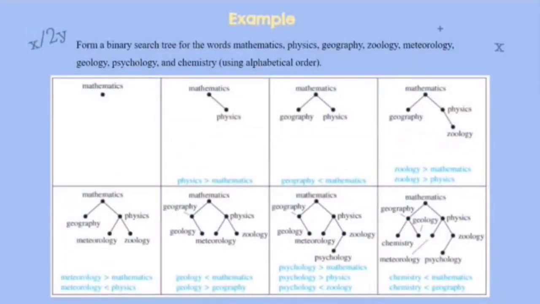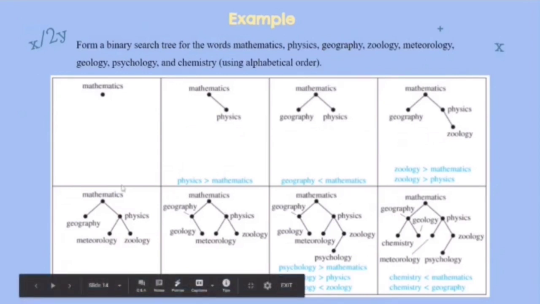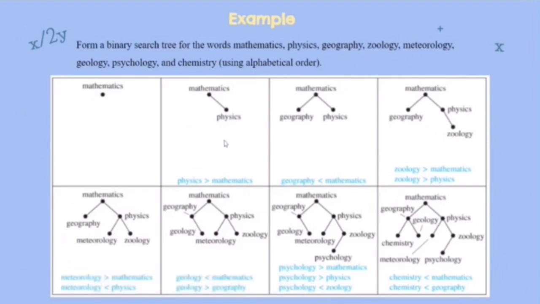In this example, we are going to form a binary search tree for the words mathematics, physics, geography, and so on using alphabetical order. So, the first one is the word mathematics, so we make it the key of the root. Second one is the word physics. Physics comes after the word mathematics, so we add a right child of the root with the key physics.